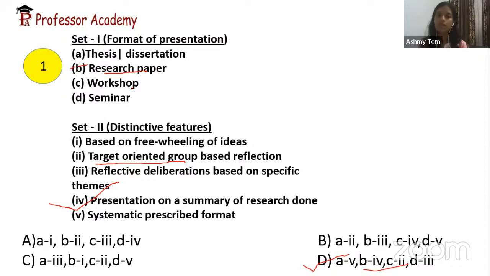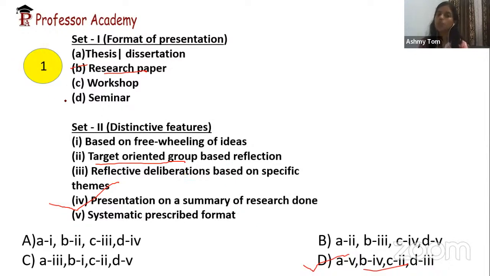Moving on to the seminar, that is D3, reflective deliberations based on specific themes. A seminar will always have a particular theme. Based on that, different types of presentations or papers will be presented or submitted. So every time it is based on a particular theme and its reflective ideas presented by different people will be seen during a seminar.